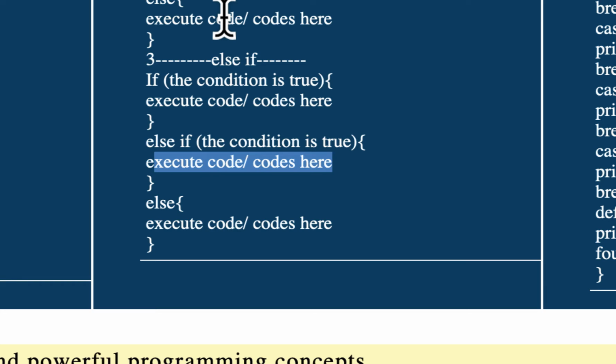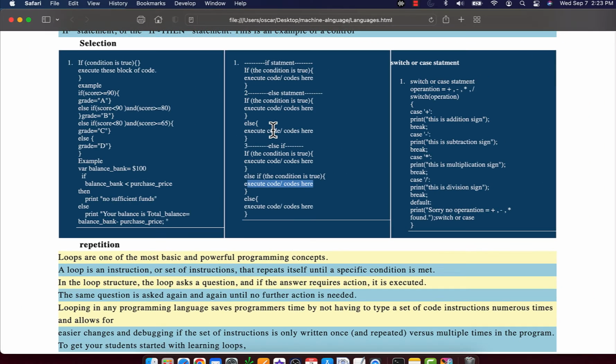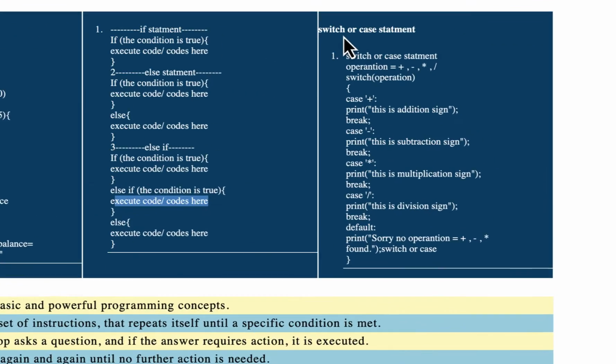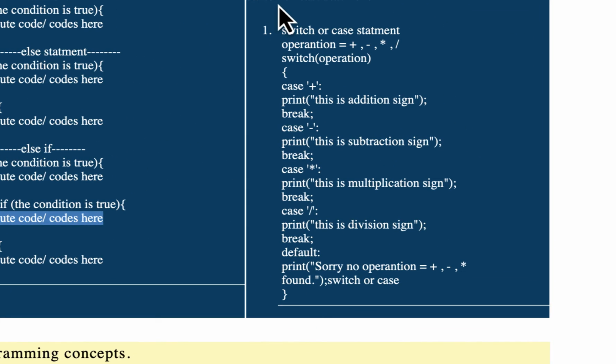So it means that if you learn the if statement in one language, it's much easier for you to follow the other languages, and almost all of them follow it. The branches have another one they call a switch or case statement. Switch is different.